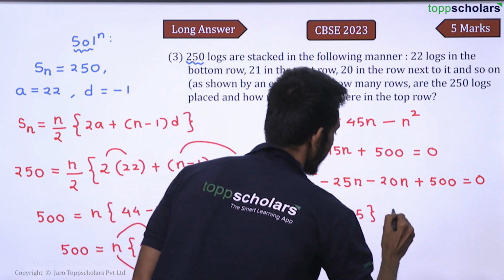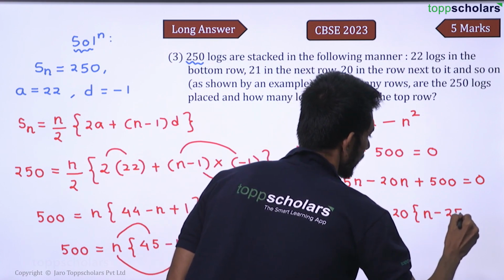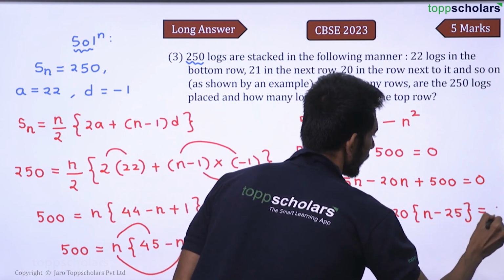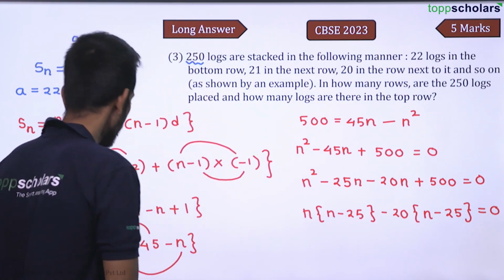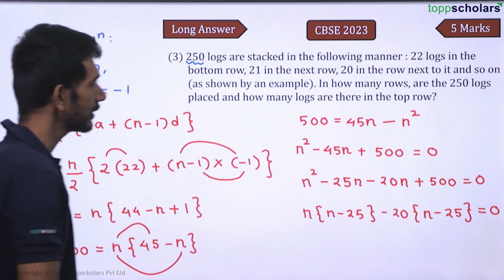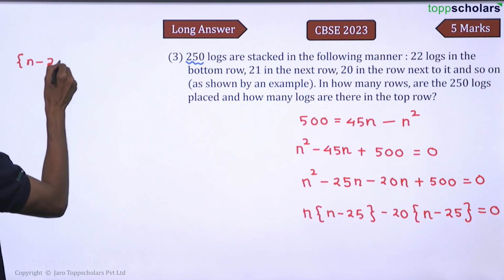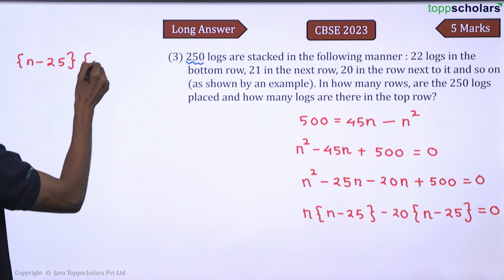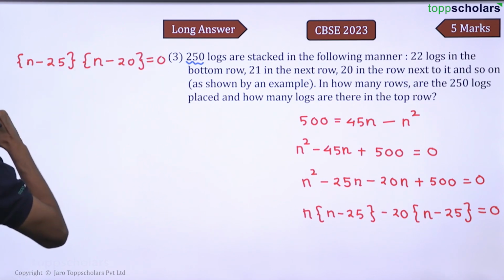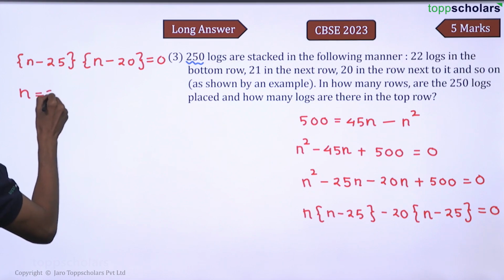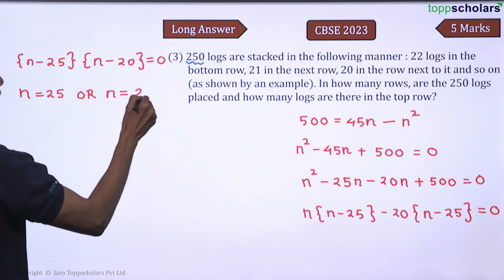From here can I take minus 20 common? I get n minus 25. So once I solve this further, I get two values of n, right? So this is going to be n minus 25 into n minus 20 is 0. So n will be equal to 25 or n will be equal to 20.